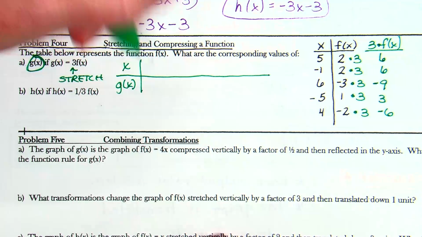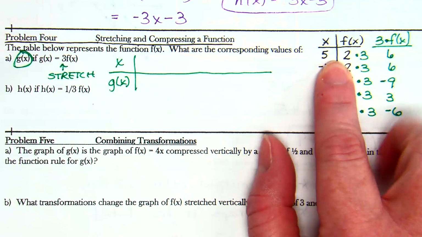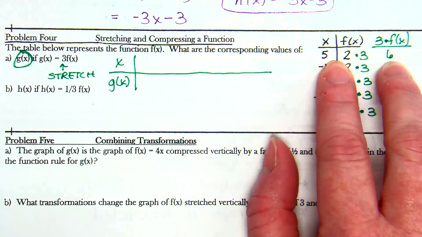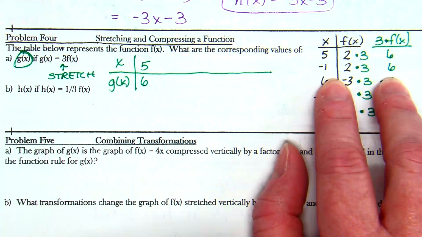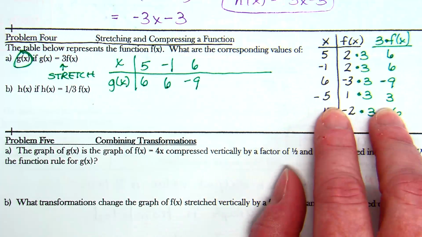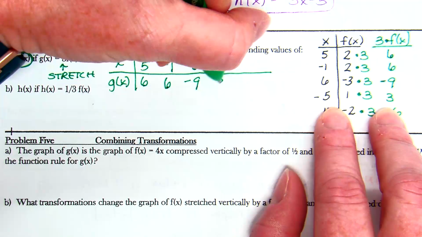My next ordered pair was negative 1, 2. Now it's going to be negative 1, 6. Instead of negative 3, 6, negative 3, negative 9. Instead of negative 5, 1, it's negative 5, 3. Instead of 4, negative 2, it's 4, negative 6. Okay. Guys, all of that to say, for a stretch or compression, you only multiply the y values.